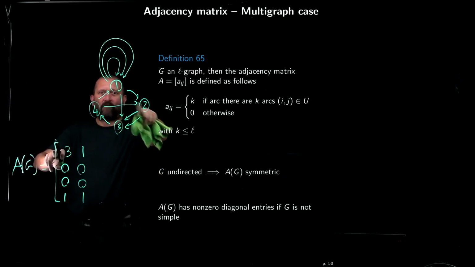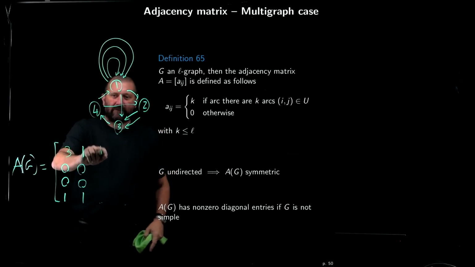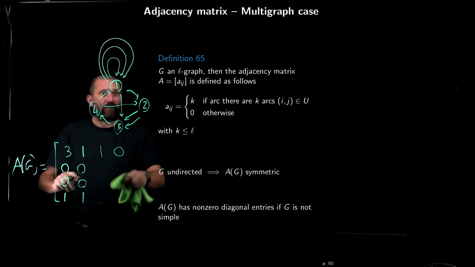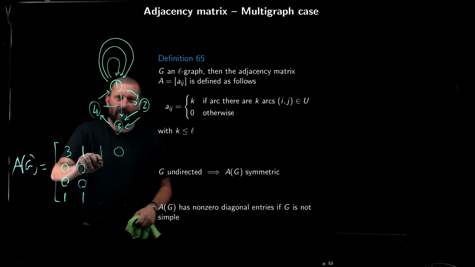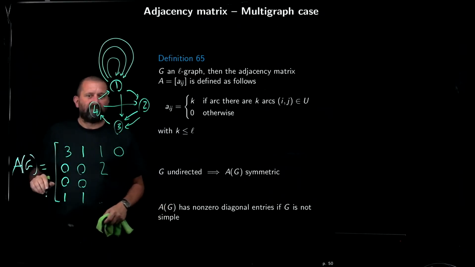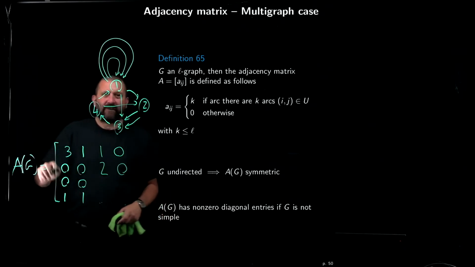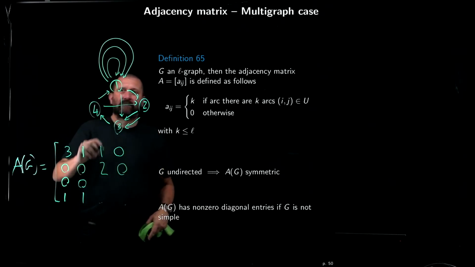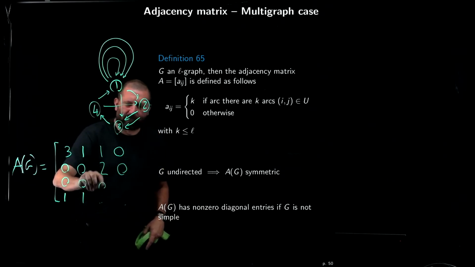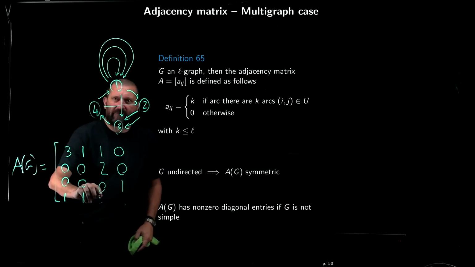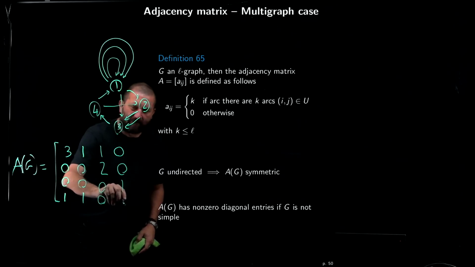So from 1 I can go here and not here. From 2 to 3 I have 2 arrows. All I do is count the arrows. From 3 I have just an arrow to 4, and from 4 I have the 2 arrows that I had already indicated.